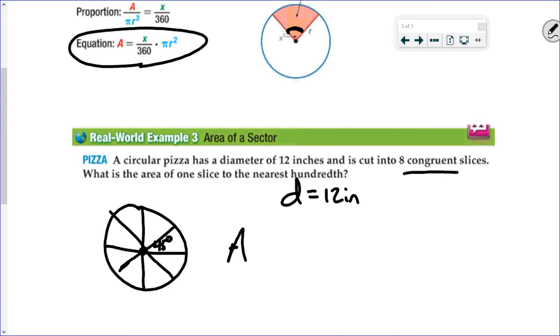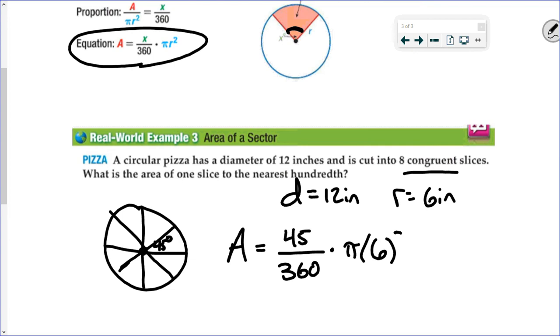Using our formula, A equals x, the measure of the central angle of the slice, 45 over 360, times pi times the radius squared. The diameter is 12, so the radius is 6 inches.